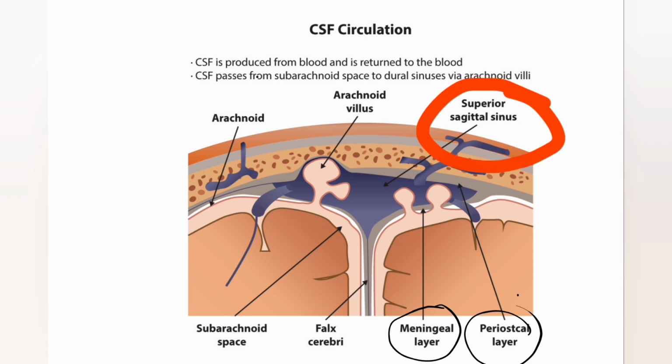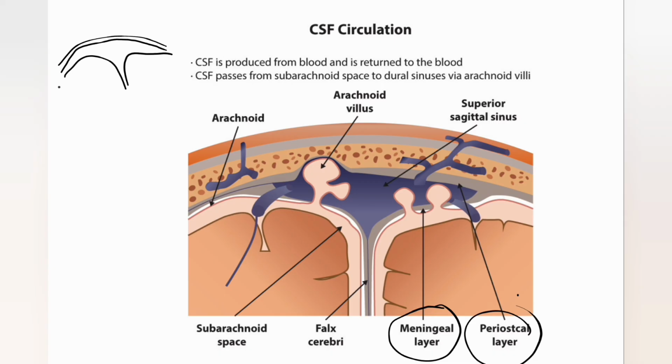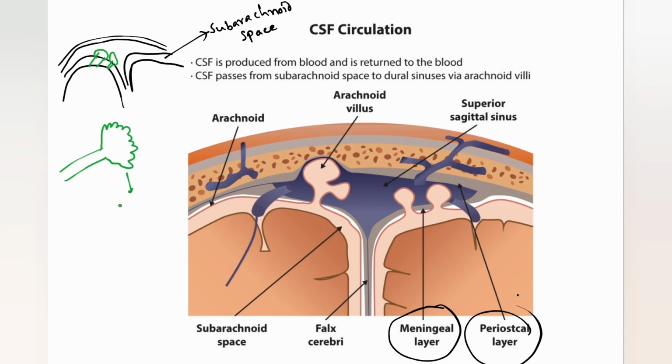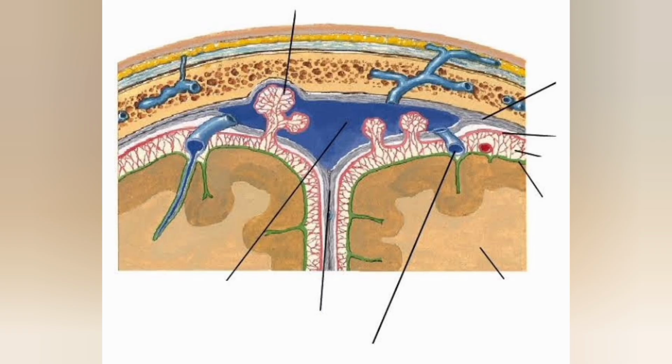That is called the superior sagittal sinus, inside which there are finger-like projections from the subarachnoid space, forming the arachnoid villi. The clustering of these villi forms macroscopic structures called arachnoid granulations that can be seen protruding into the sinuses.